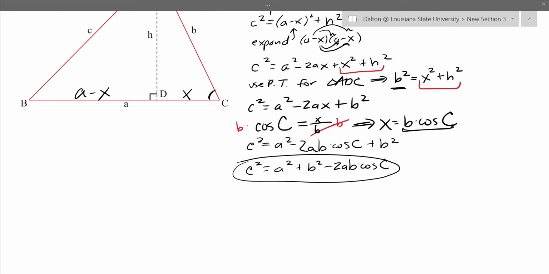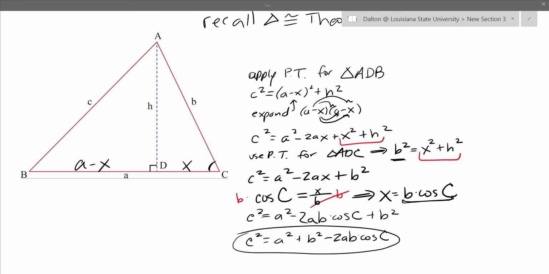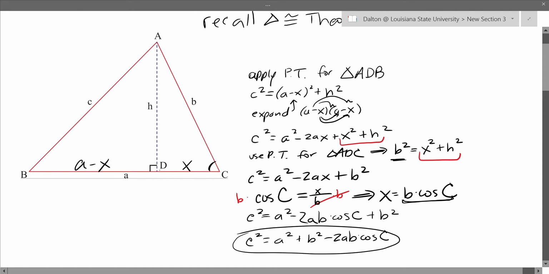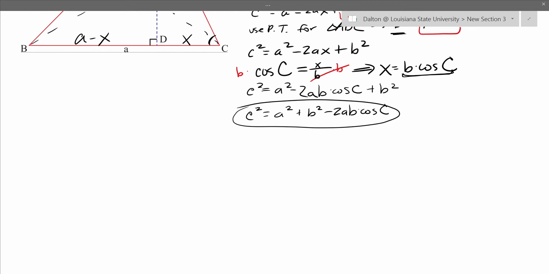We could also notice that in order to create this law, we drew an altitude down from angle A and we created point D, but we also could draw the altitude from angle B and make the same law, and we could also draw the altitude from angle C and make the same law. So doing that, we get the full laws of cosines, which are the following.